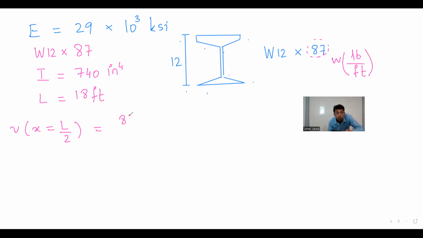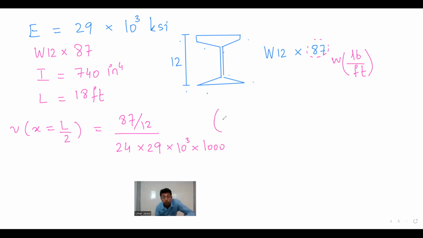But no one actually even calculated the expression. Anyways, 87 by 12. I'm just writing the answer. You can double check in your free time. Into 10 power 3 into 1000. And I have minus 9 into 12 power 4 plus 2 into 18 into 12.